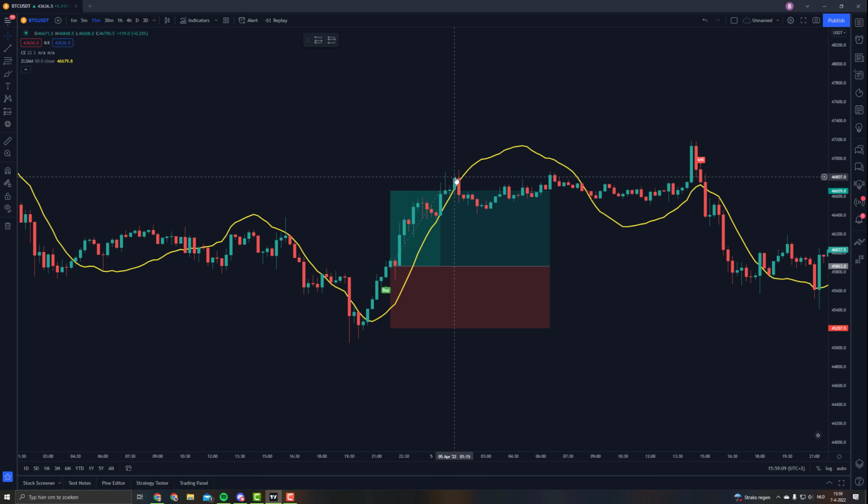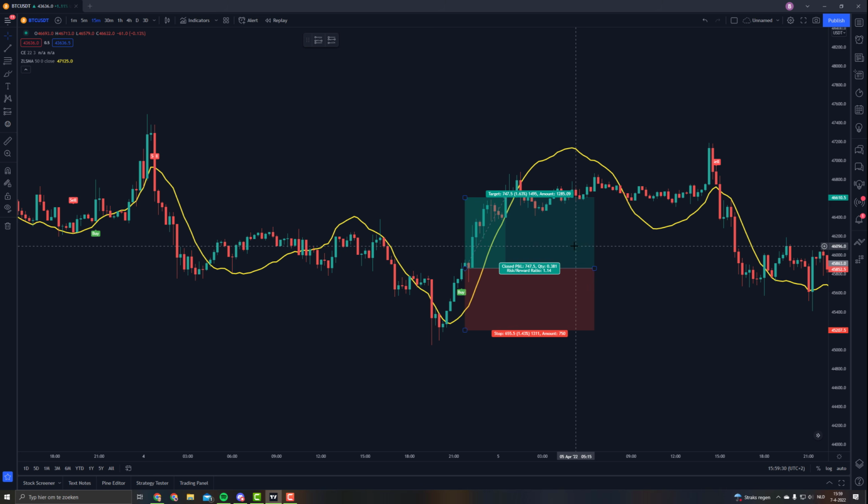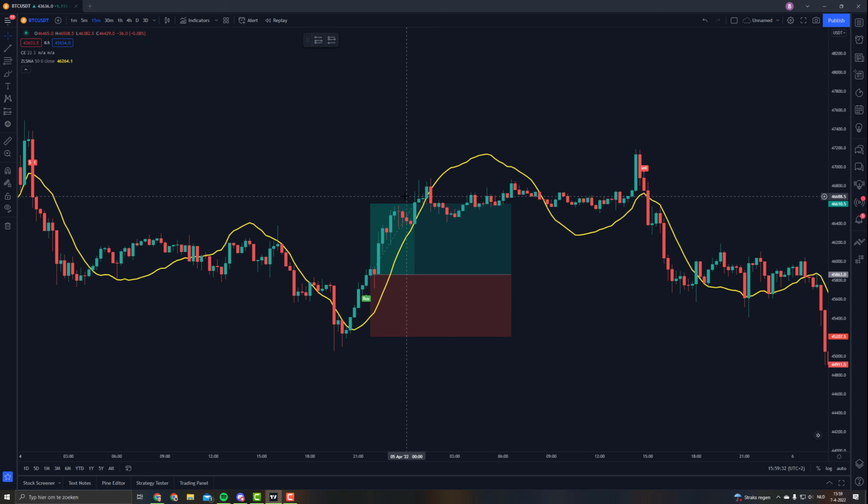So where I would stop is when the candle closes underneath the yellow line. So I would get out exactly, it's hard to see, exactly here. So that would have been a profit of 1.6%, and that's pretty good in scalping. But keep in mind this is the 50-minute chart, but still it's really good.